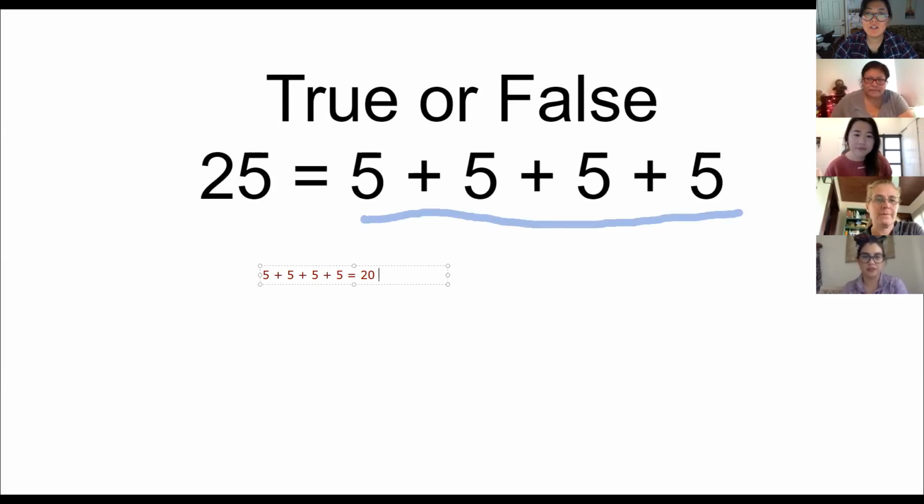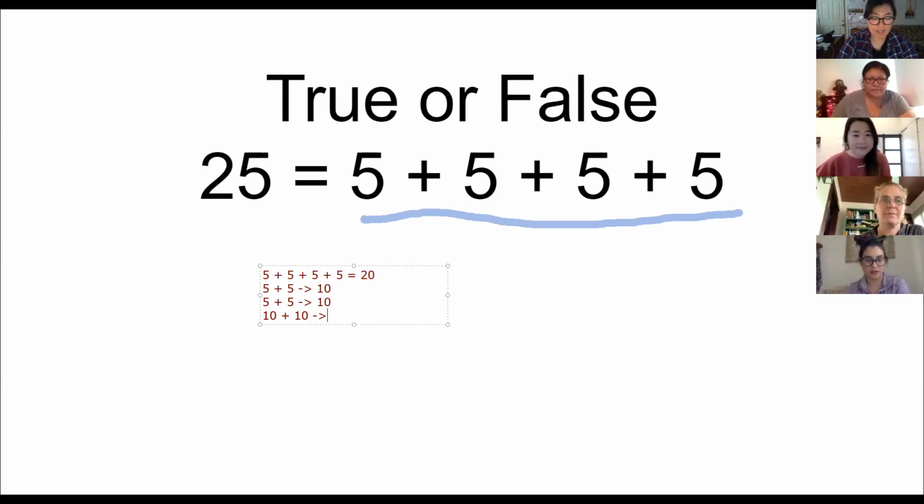How did you solve it in order to come up with 20? I use my doubles, so I know 5 plus 5 is 10, and 5 plus 5 is 10, and then another double, 10 plus 10 equals 20.